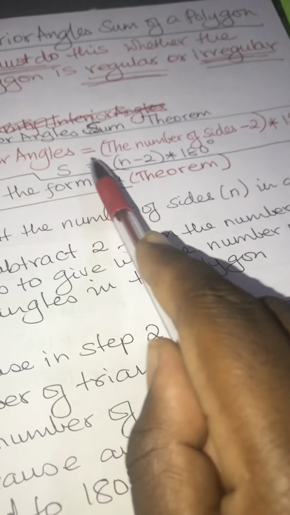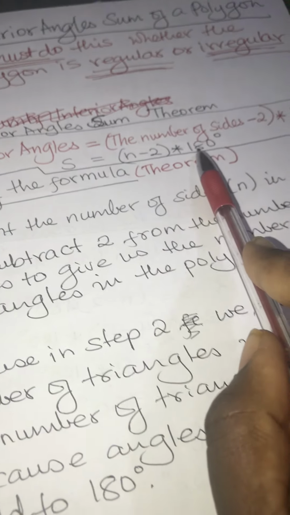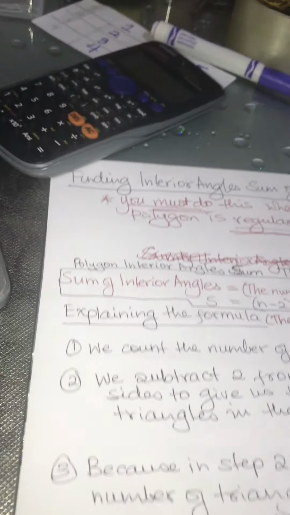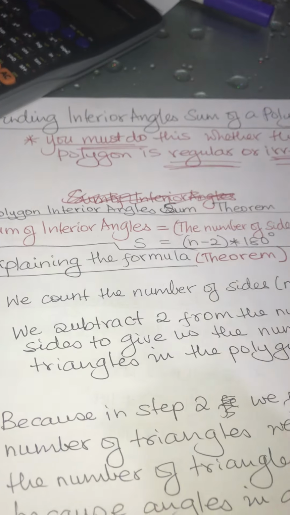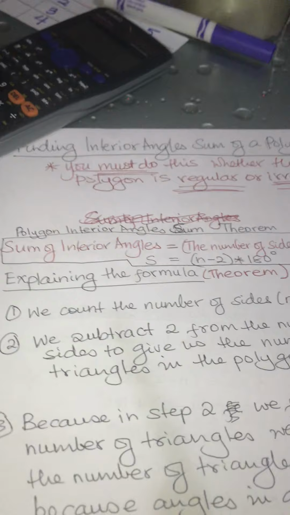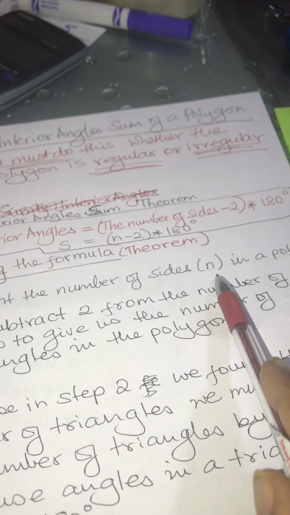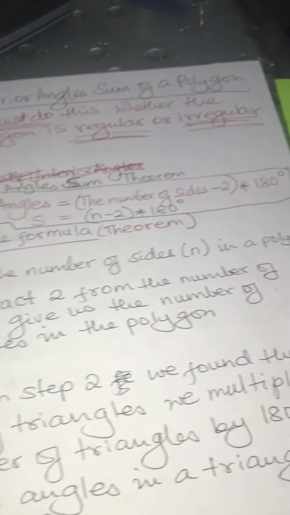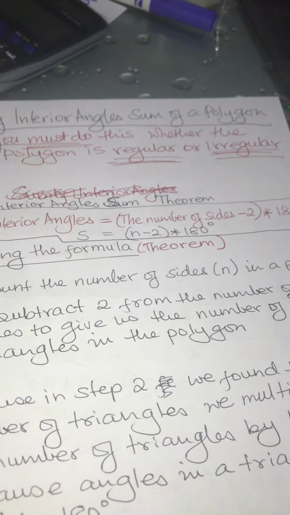Or you can write S equals (N minus 2) times 180. You need to know how to explain this theorem and what it means. So, first, we count the number of sides in a polygon. Whatever polygon they gave you, you count the number of sides.